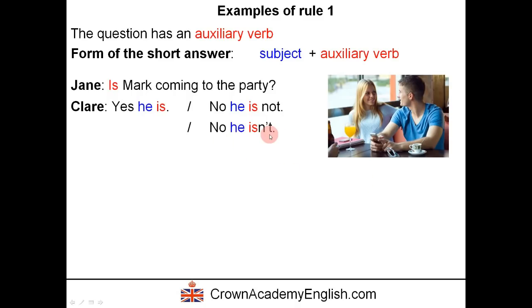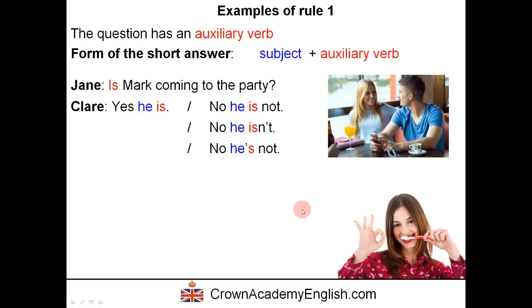No, he isn't. Okay? Or no, he's not. This is an alternative contracted form. No, he's not. Okay? So we take the auxiliary verb, and then we have the subject and the auxiliary verb in the answer.